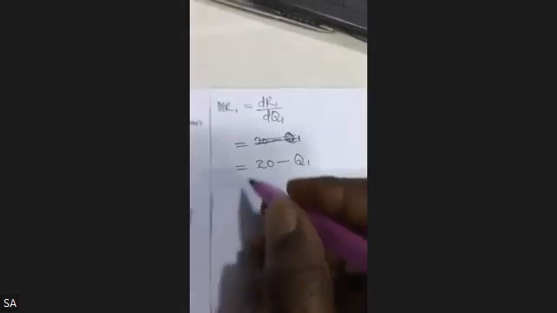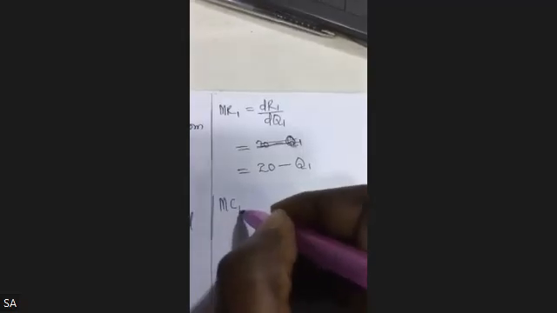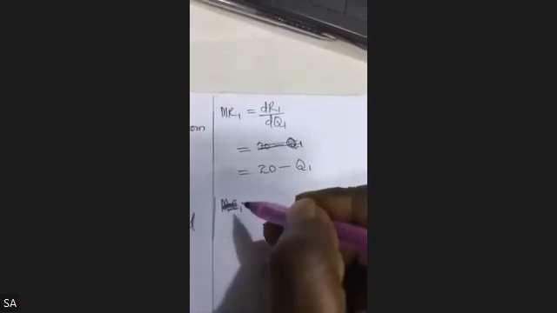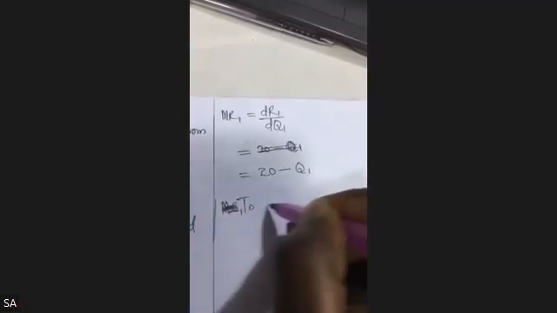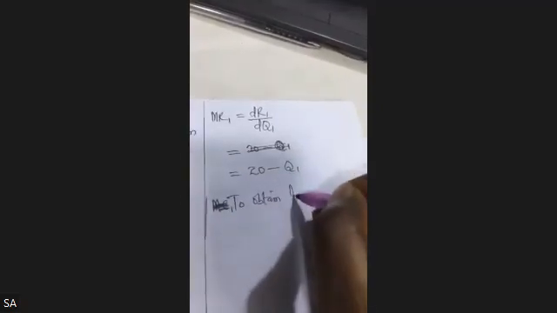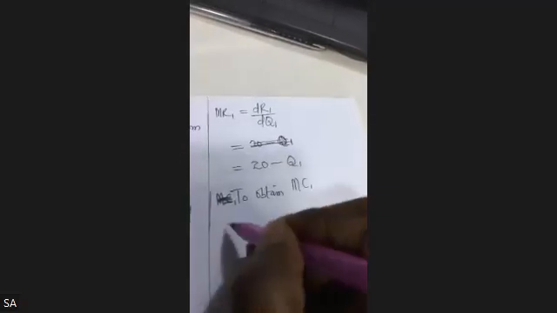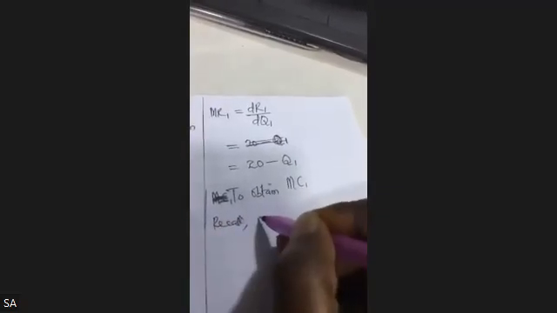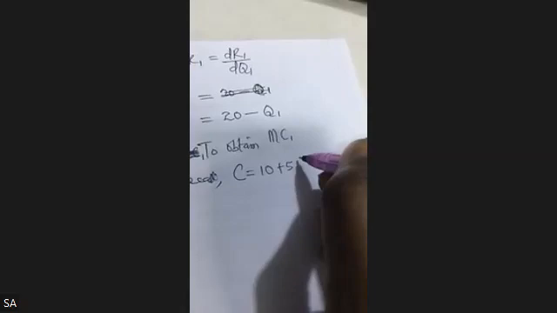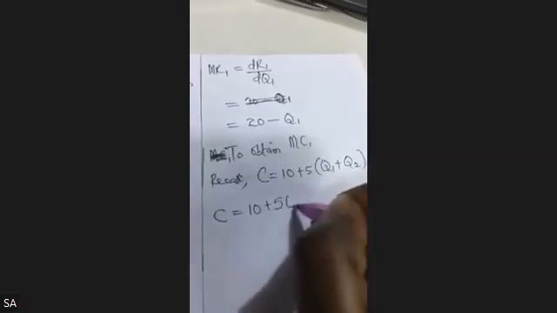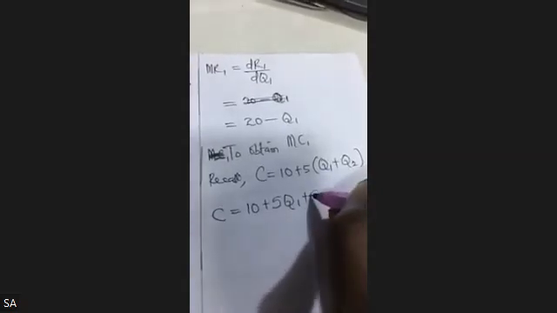Now let's do marginal cost of market one. To obtain MC1, let's recall that the total cost function is 10 plus 5 Q1 plus 5 Q2.